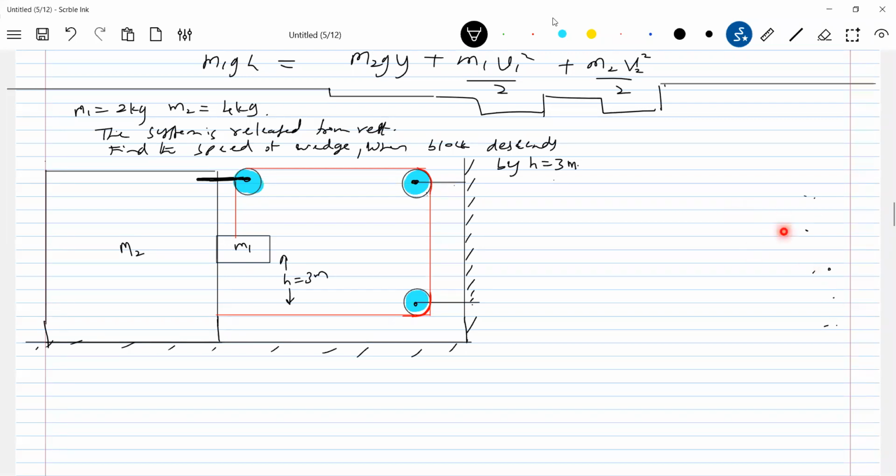The moment I release the system, the weight M1g will act. These are the various forces we know. Then the tension T in the string.